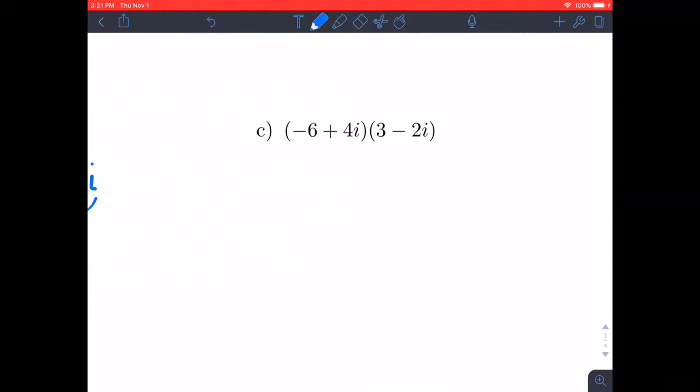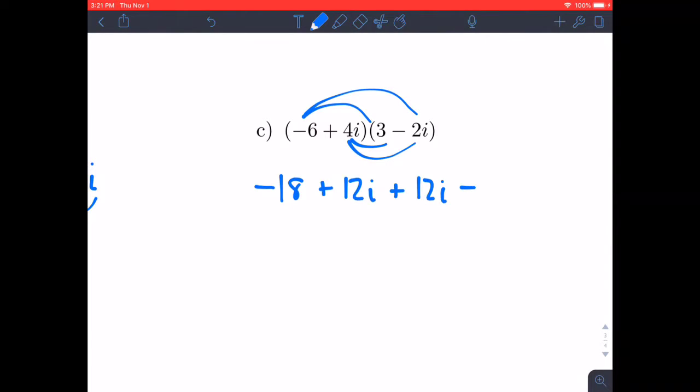On C, we do have to FOIL. So our firsts gives us -18. Outers gives us plus 12i. Inside gives us plus 12i. And the last gives us a -8i squared.